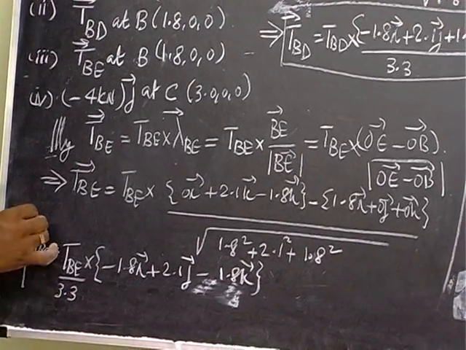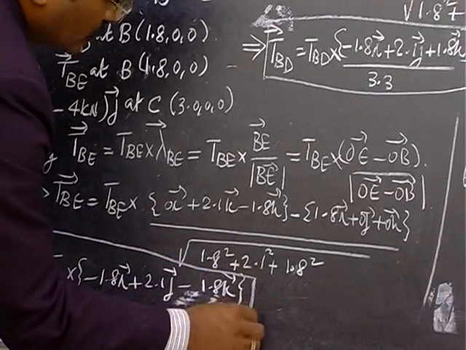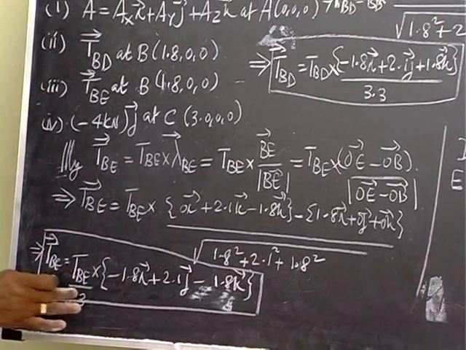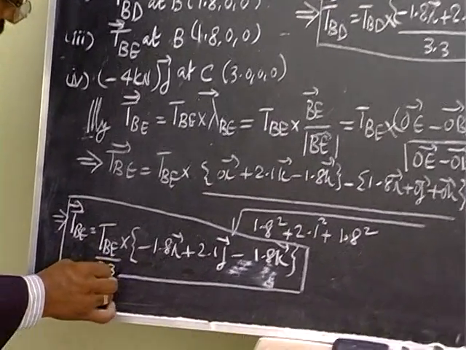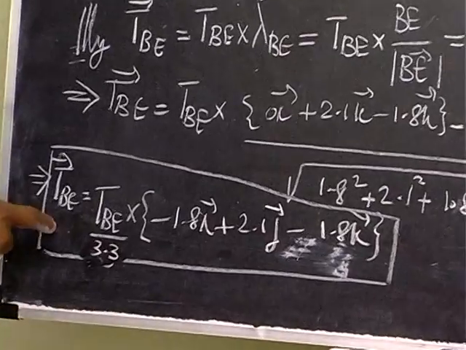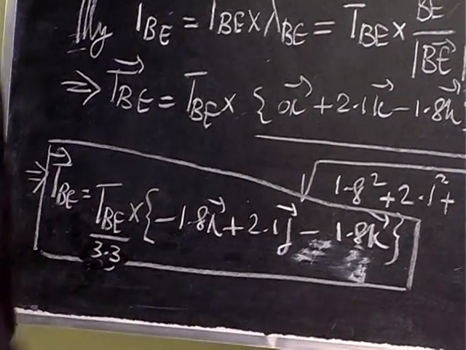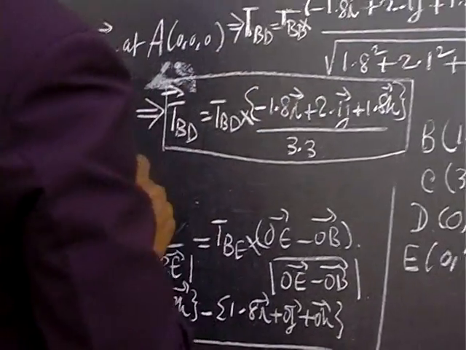So it's again the second step answer for the known unknown tension values. So for TBE we get TBE vector. Similarly for TBD we get TBD vector.